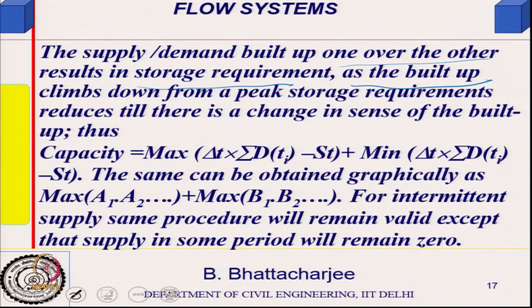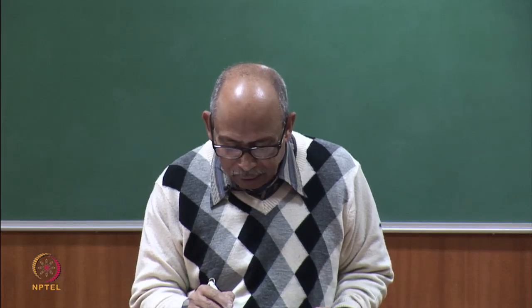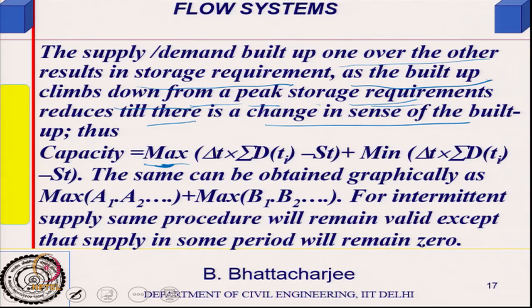As the buildup climbs down from peak storage, requirements reduce till there is a change in sense of buildup, either the positive sense of buildup or withdrawal, the negative sense of buildup. So, capacity therefore is maximum of the sum of delta t into delta I, if I am taking delta t time interval, minus S t if it is constant, plus the minimum of this one.